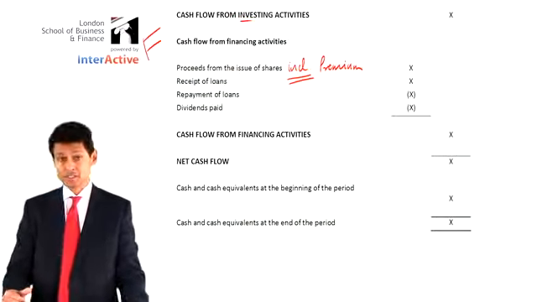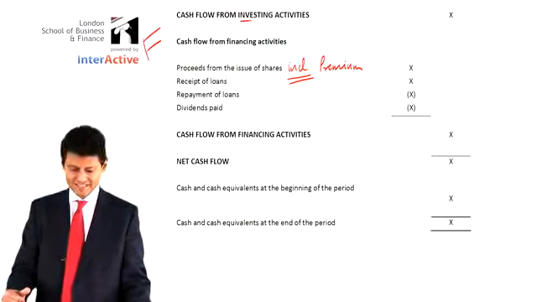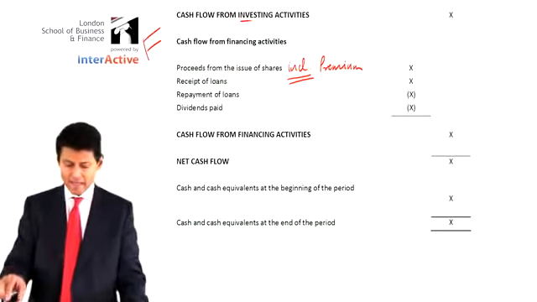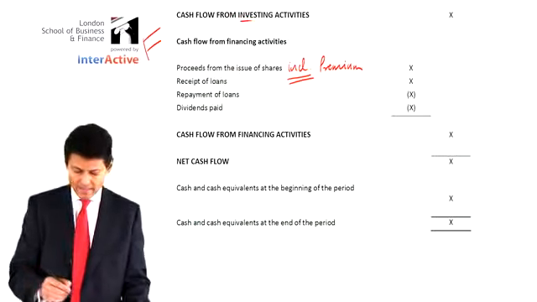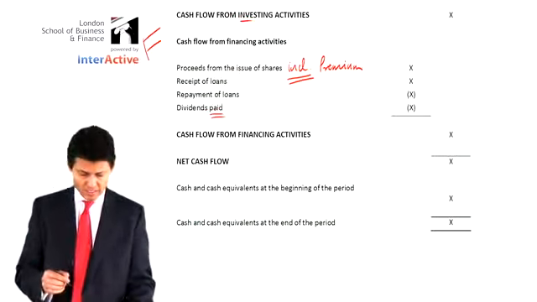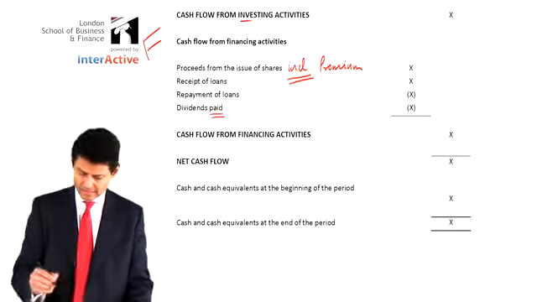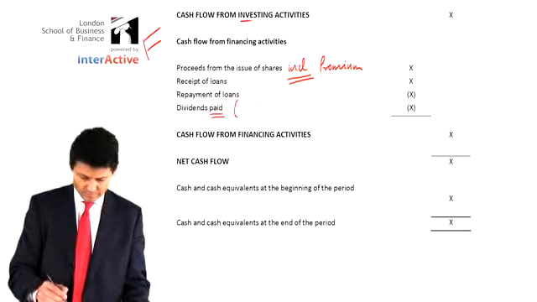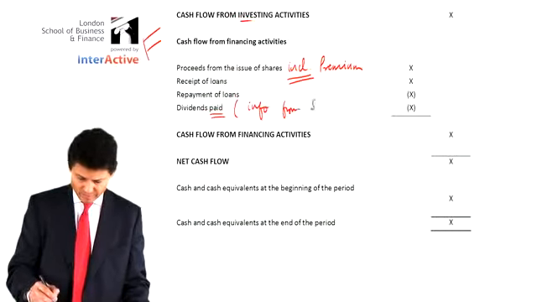A repayment, of course, is an outflow. Therefore, it's in brackets. Then you have your dividends paid, and that comes from your SOCIE, information from the statement of changes in equity.